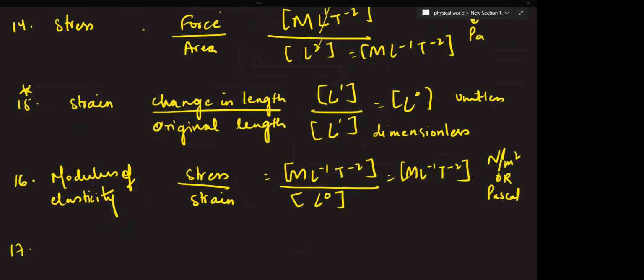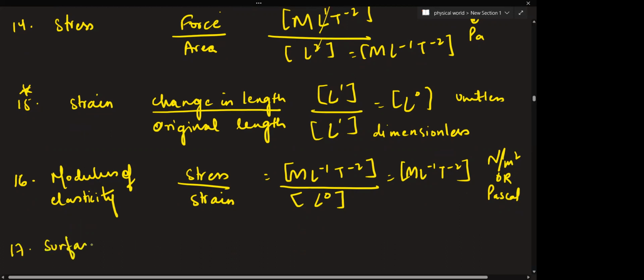After noting down all these three, just try it for surface tension. So surface tension is basically force per unit length. This is easy.